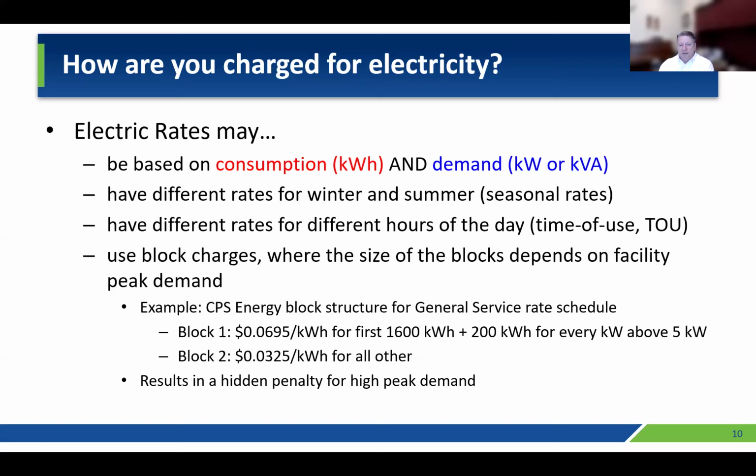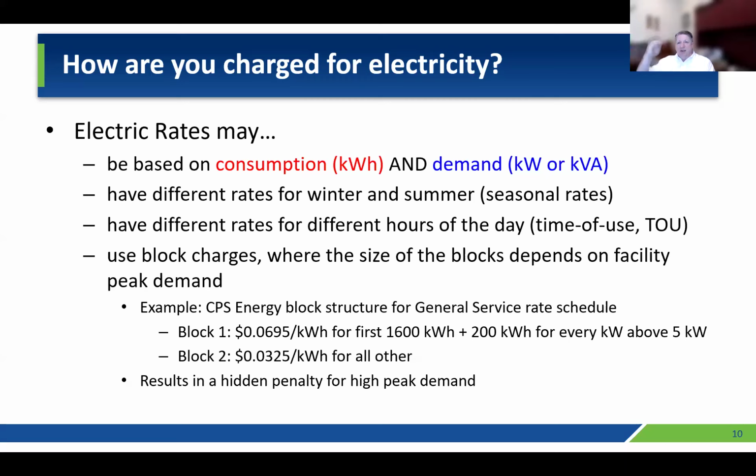And finally, some utilities utilize block energy pricing, particularly in areas like Louisiana along the Gulf Coast. And there they charge you a different dollars per kilowatt hour rate for the first block of energy you use during the month, and then the second block may be at a different rate.